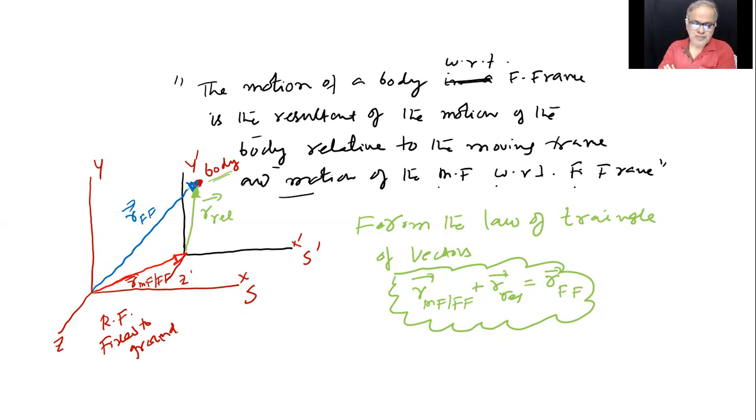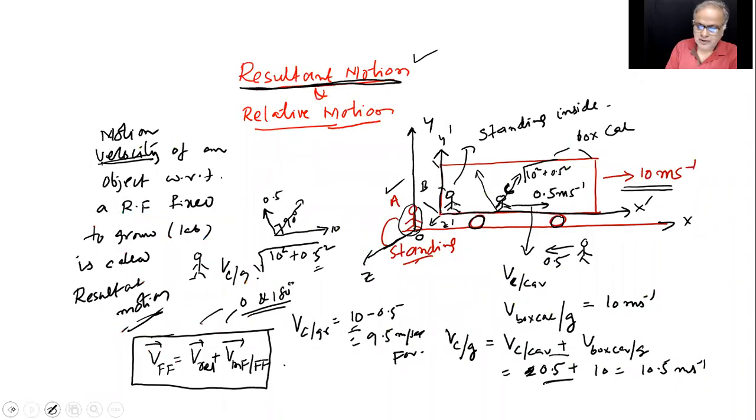So this particular small thing will keep coming again and again. What is it? The position of a body. This R FF, what, children? Position only, isn't it? Position vector, or position, to make it look short. Position of a body with respect to ground, like position of that person in the old example.